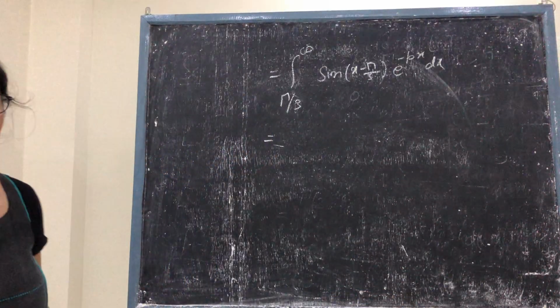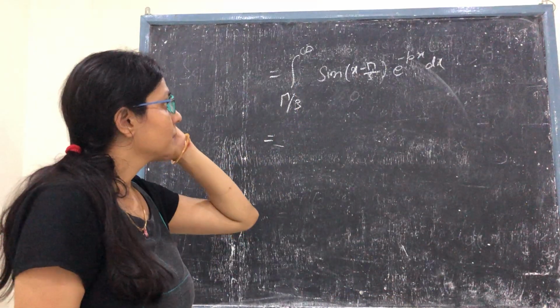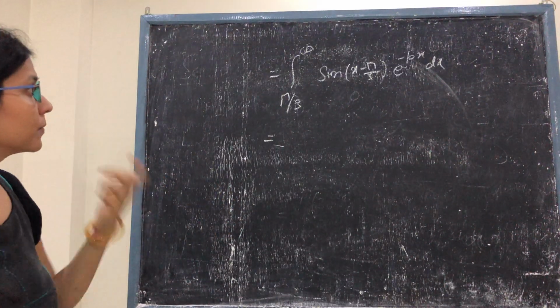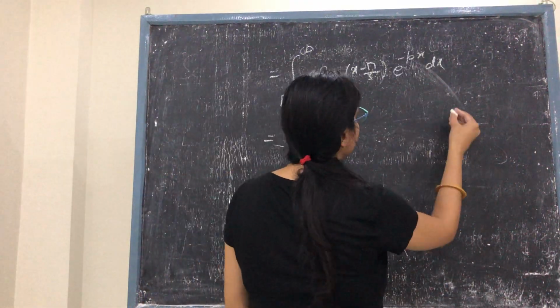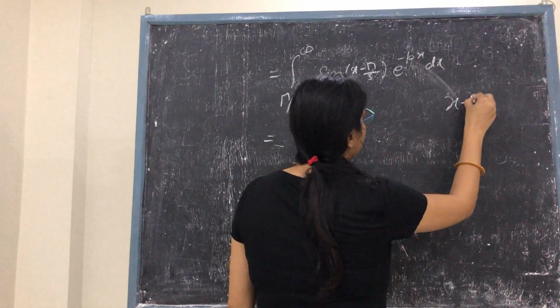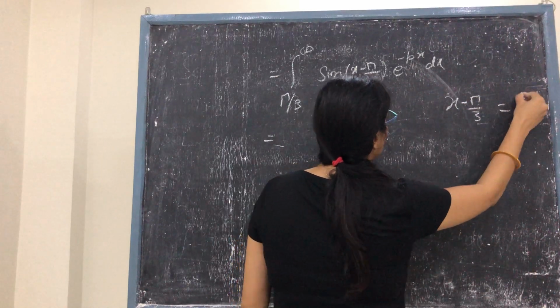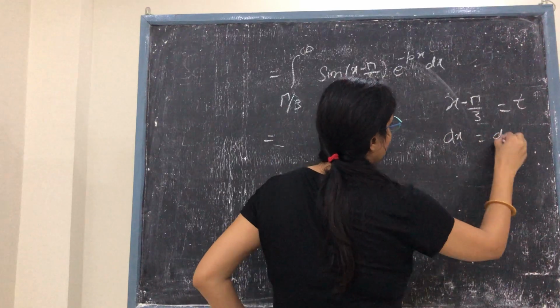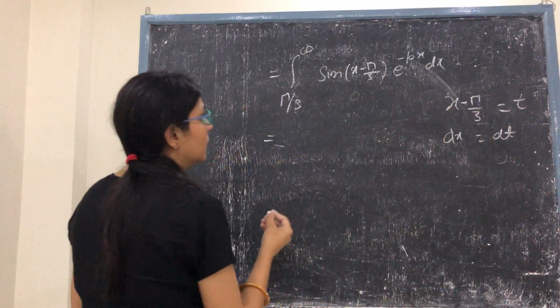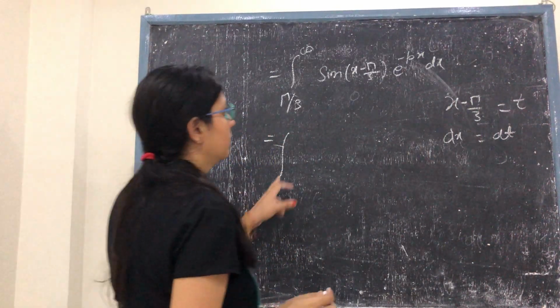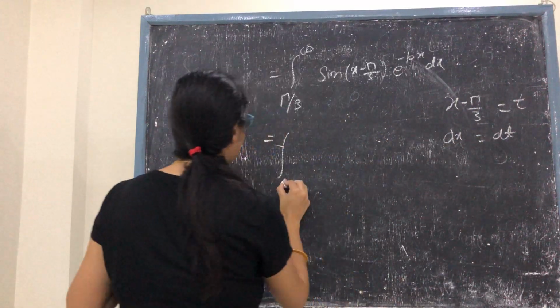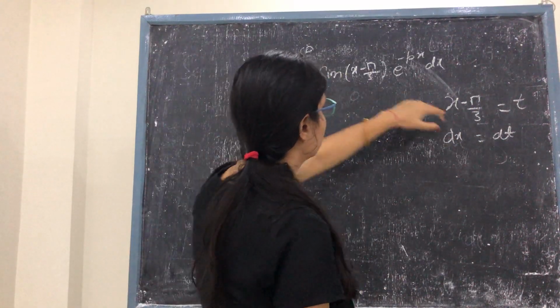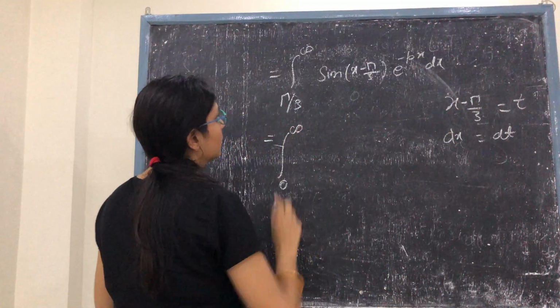Now solving, here we can write x minus pi by 3 equals t, then g of x equals g of t. Then the limits change: when x equals pi by 3, t is 0, and when x equals infinity, t becomes infinity.